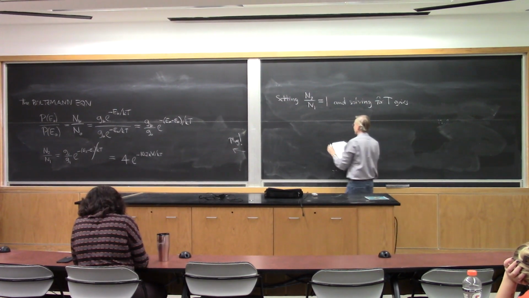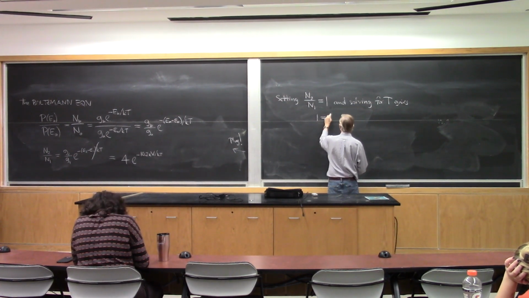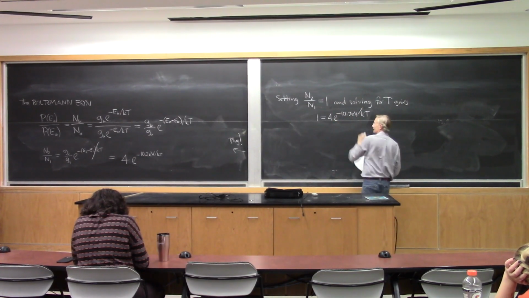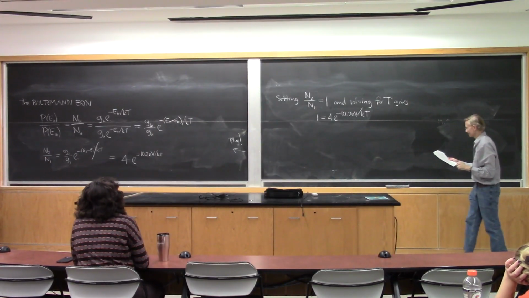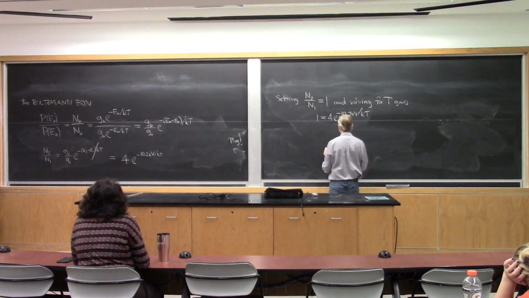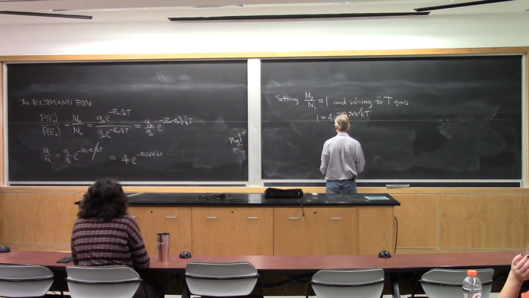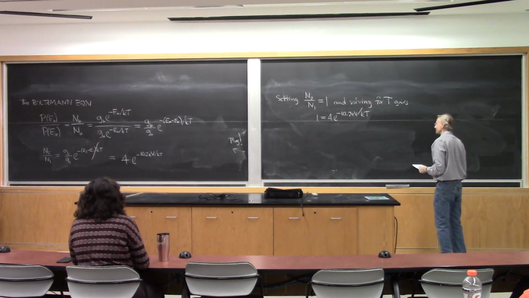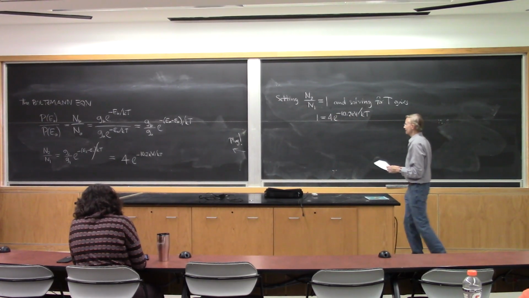We'll say 1 is 4 times e to the minus 10.2 electron volts divided by KT. So what I'm going to do is flip things over. This would say 1/4 is e to the minus 10.2 eV over KT.